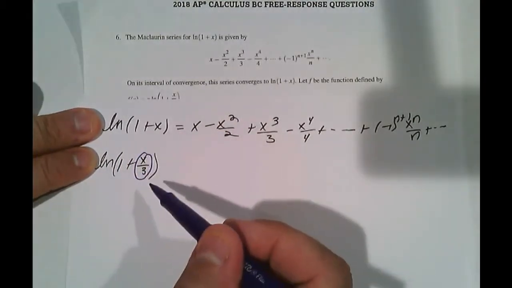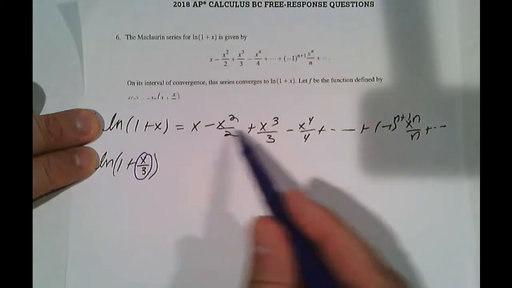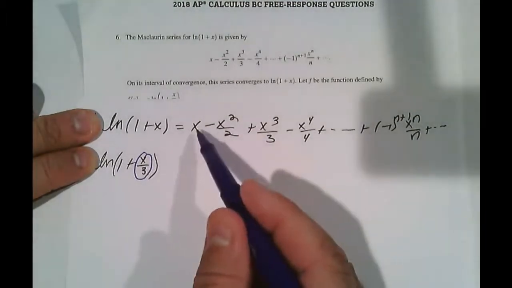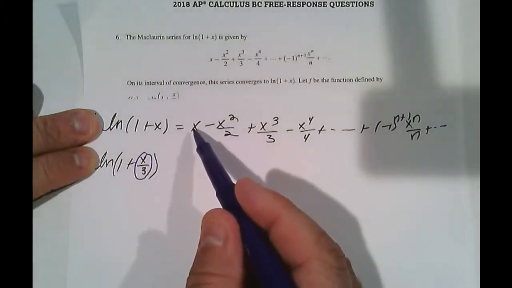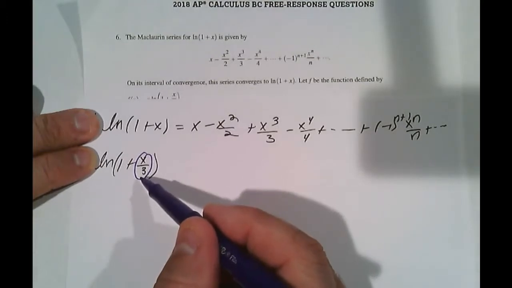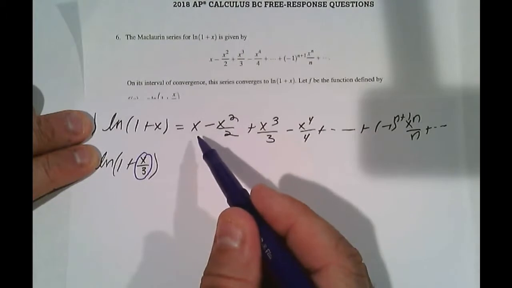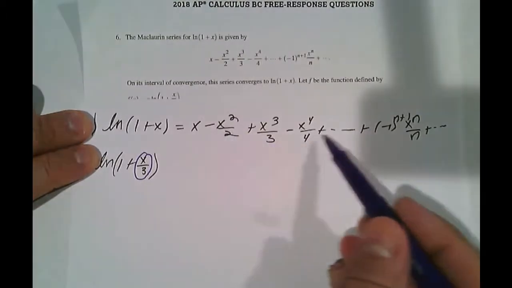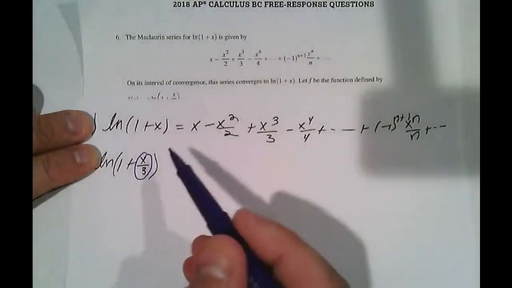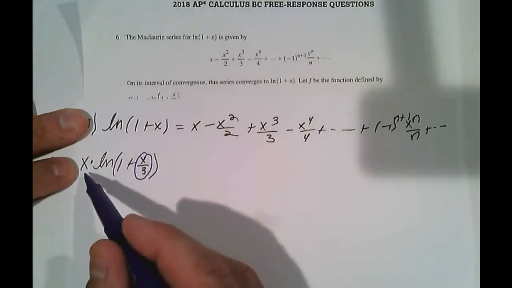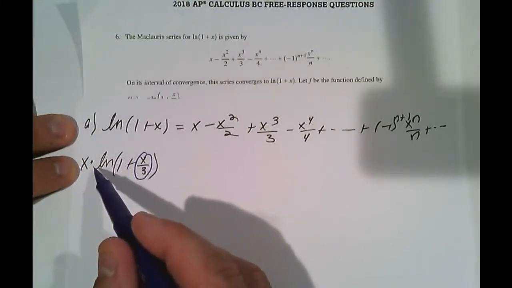What we're going to do is a substitution. In this original expansion, everywhere we have an x, we're going to replace x with x over 3. So that's going to be the first part of the work. Everywhere you see an x, replace x with x over 3, okay? And then once we've done that, we have to multiply everything by x.